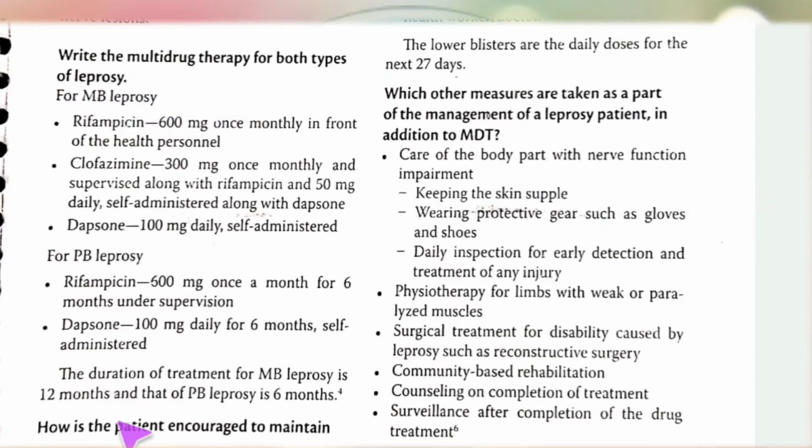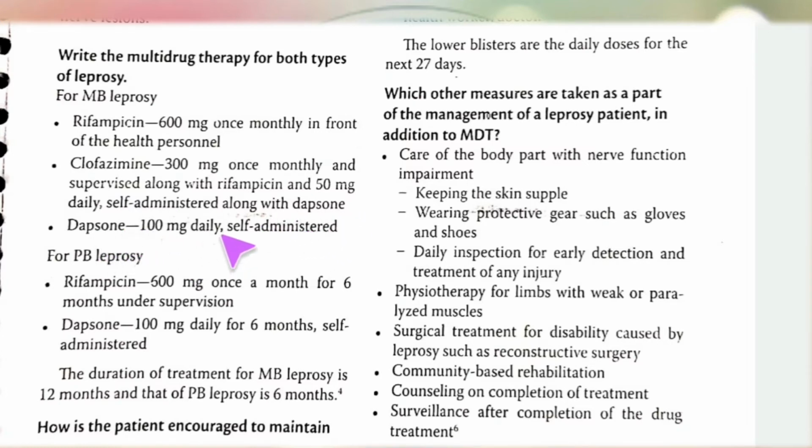This is often asked in the viva question. So for multibacillary, rifampicin 600 mg once monthly in front of the health person, clofazimine 300 mg once monthly and supervised along with the rifampicin, and 50 mg daily self-administered along with the dapsone.